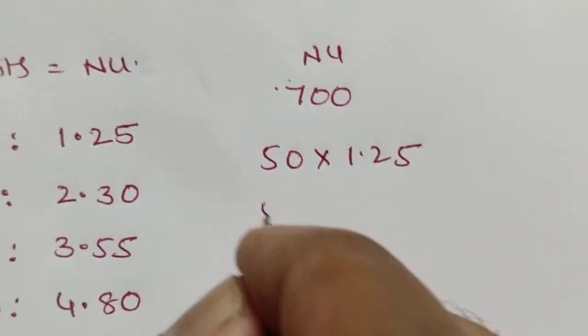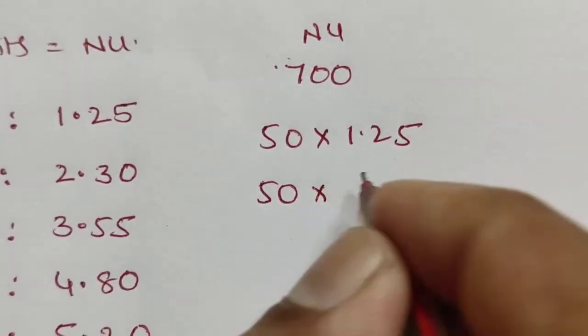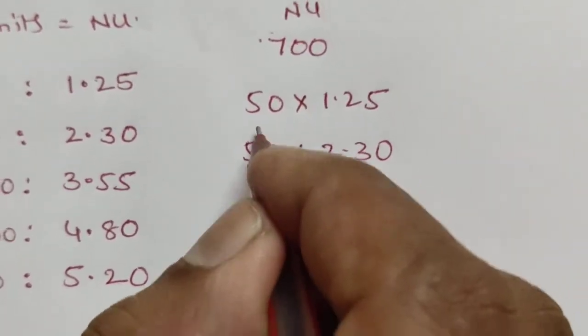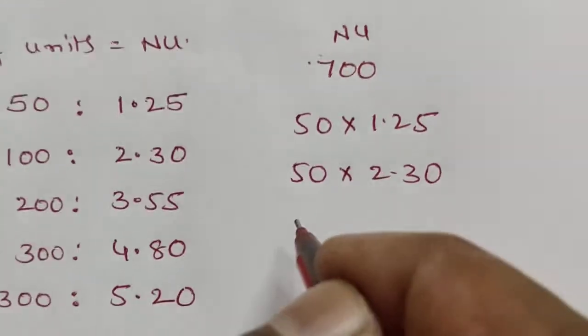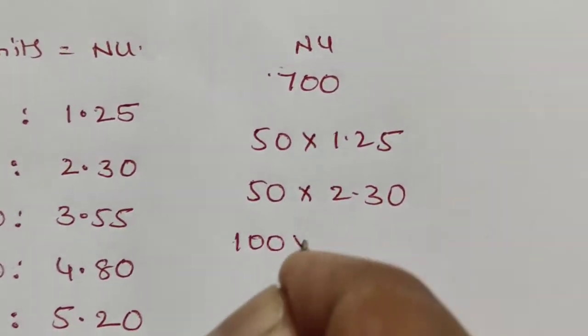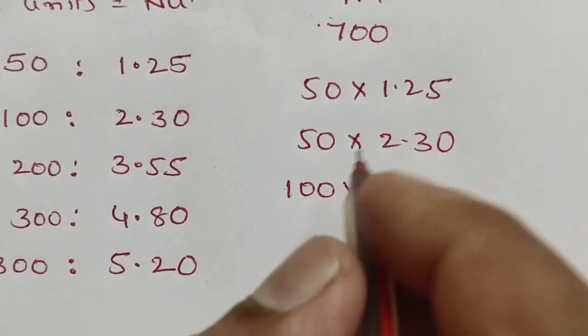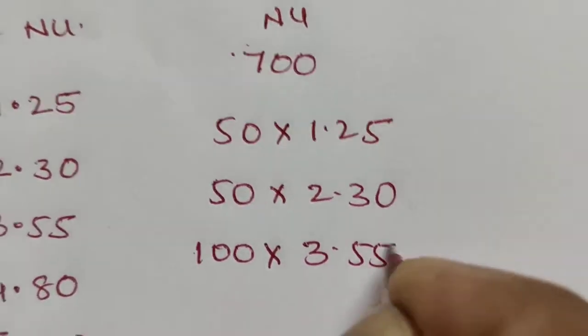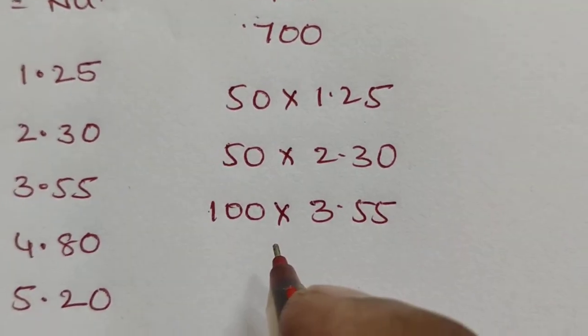For the remaining 50 units, it is charged at 2 rupees 30 paise. That means already 100 units are charged. And for the remaining 100 units, it is charged at 3 rupees 55 paise. That is 200 units over.